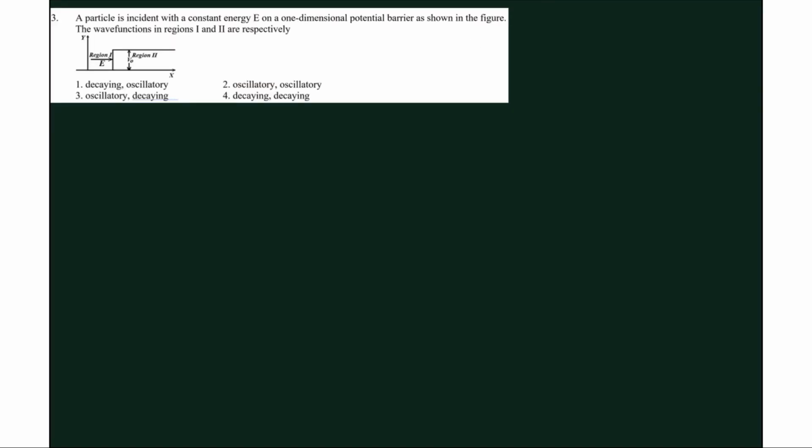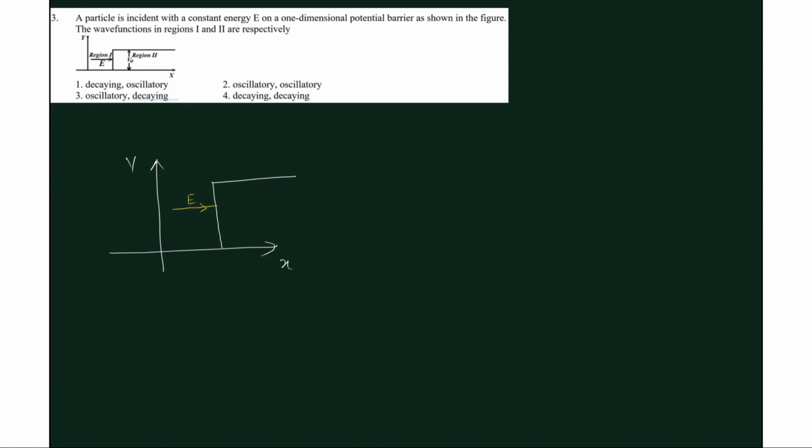In this question they have given some potential regions. This is x, and here we have the potential, and this is a step potential. This is region 1 and this is region 2, and the particle is incident with this energy.